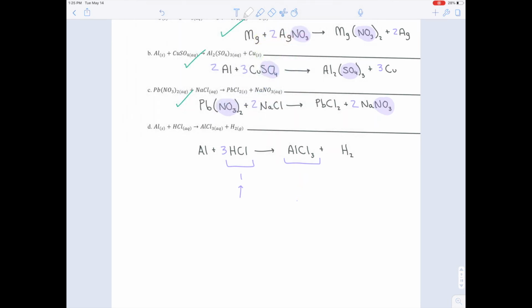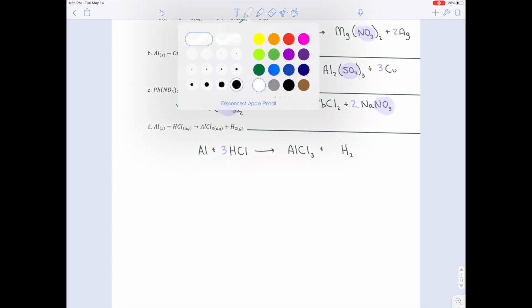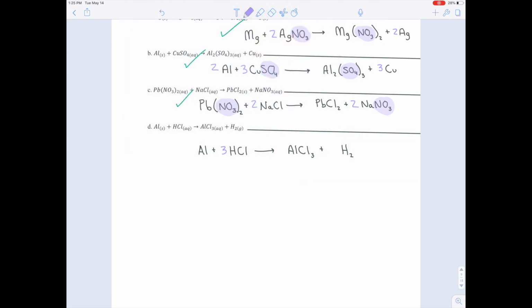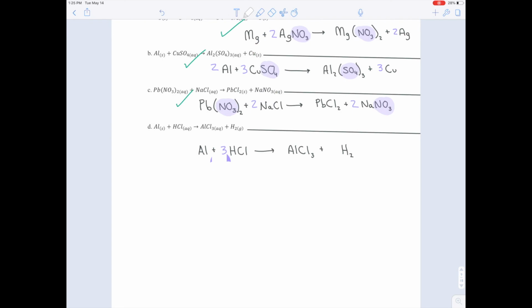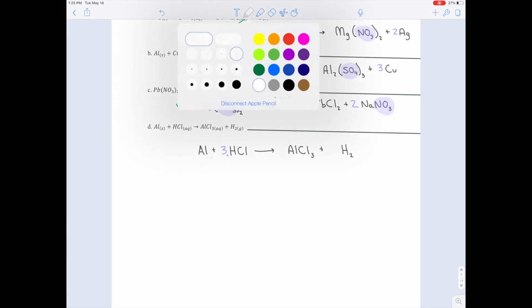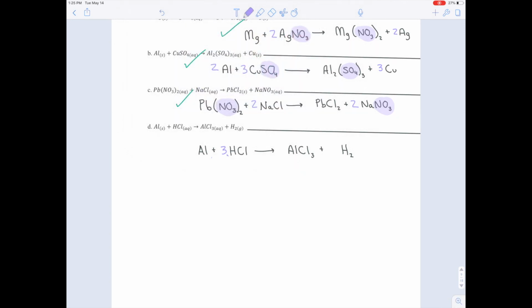And so we can start balancing the other elements. On the left we have 3 hydrogens.